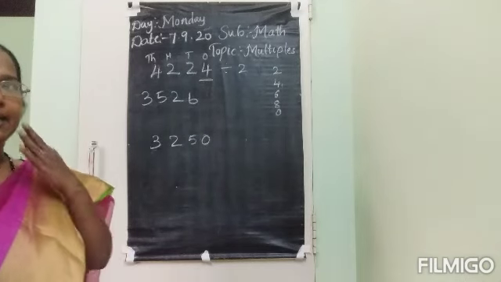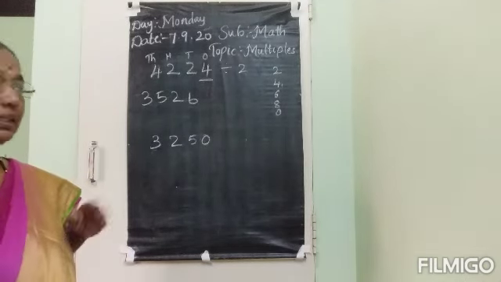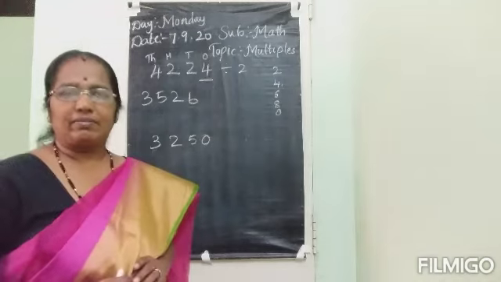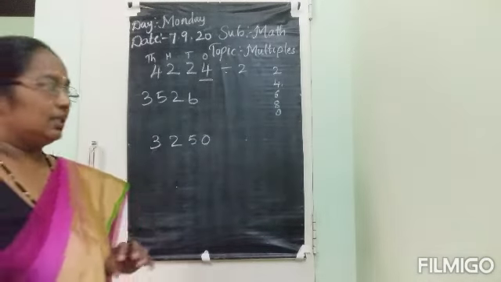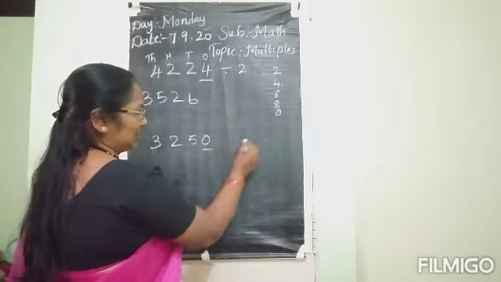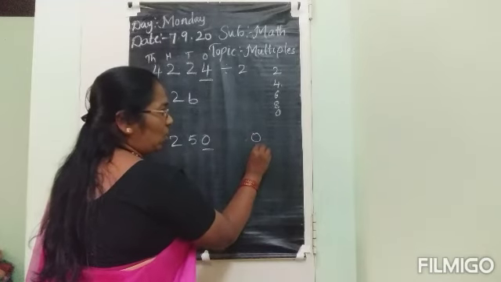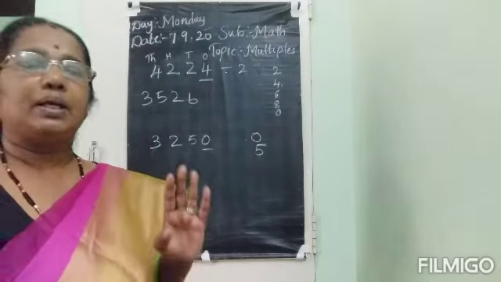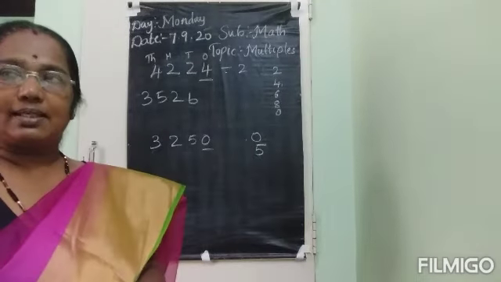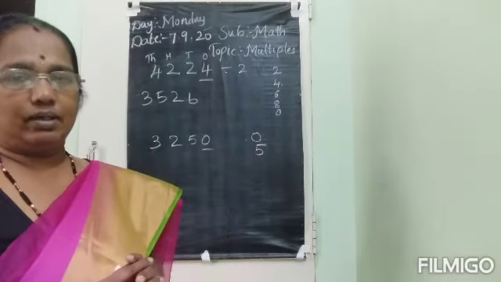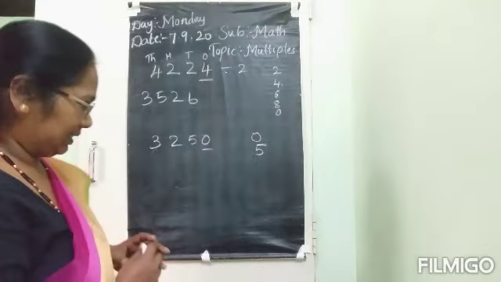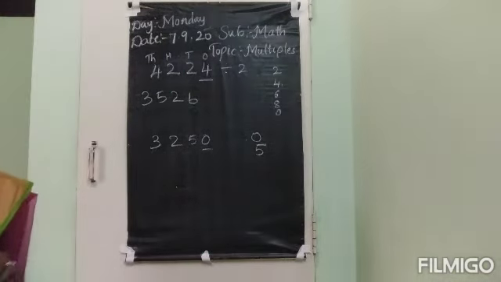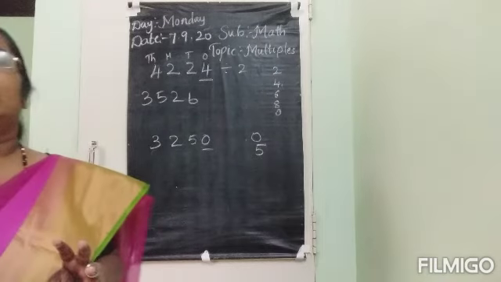Can I say it is divisible by 5 or not? Yes, it is divisible by 5. How? This is the ones place, and it should have 0 or 5. If either of these numbers is in the ones place, then we can say it is divisible by 5.